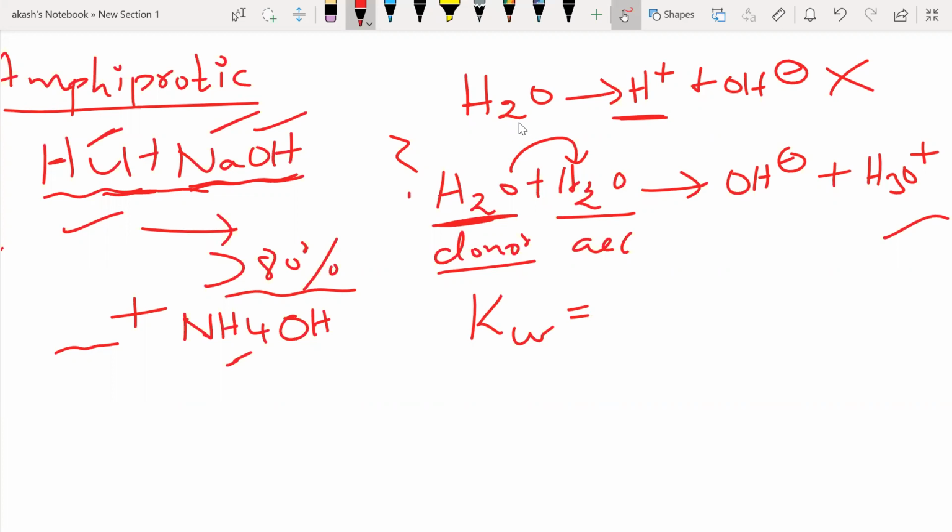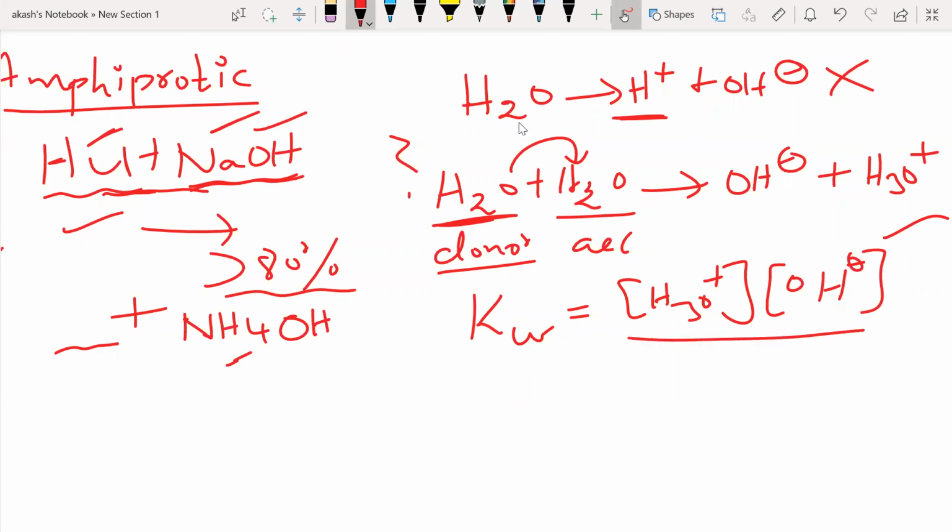It will be H3O plus concentration times OH minus concentration, divided by the reactants concentration. What is that here?